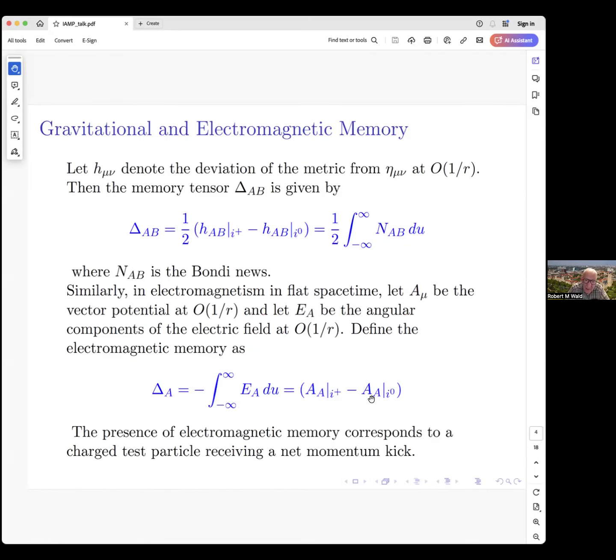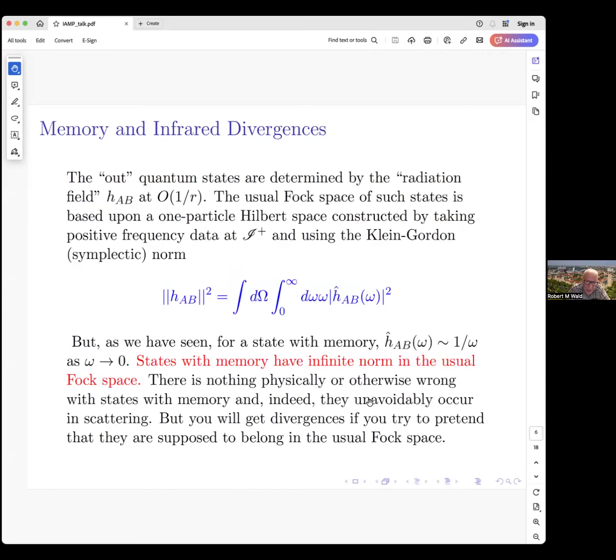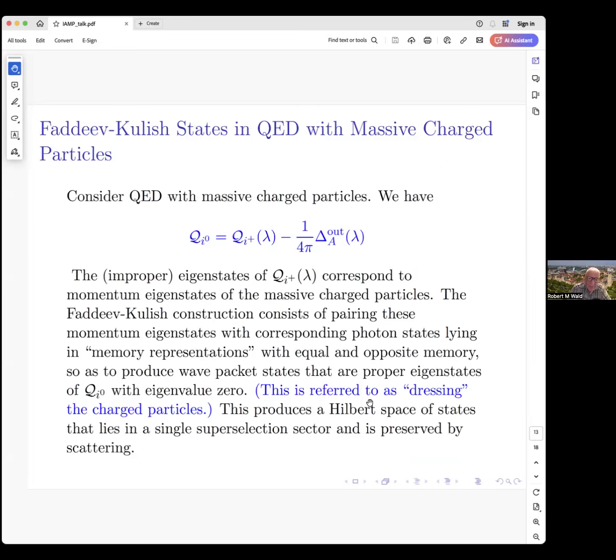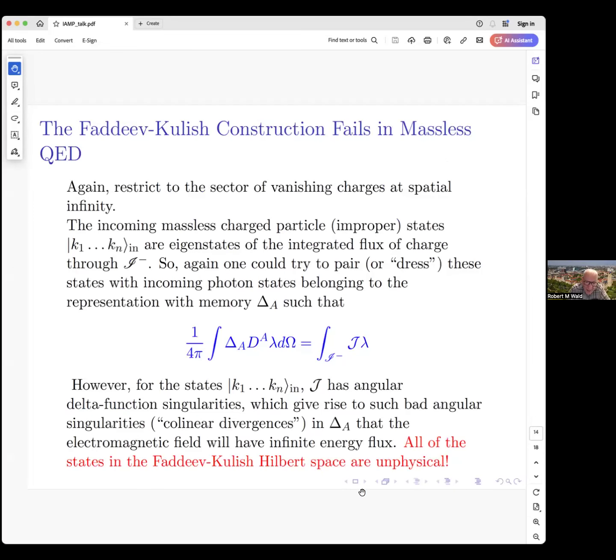So I'm going to have bad angular singularities in the vector potential. And those are bad enough that they will result in an infinite electromagnetic energy flux.